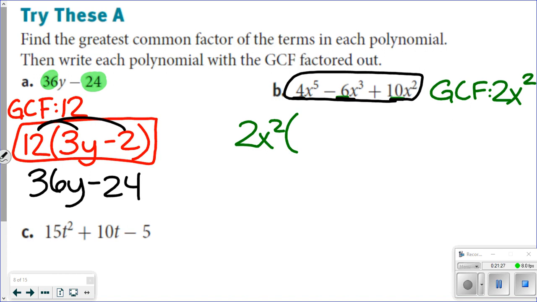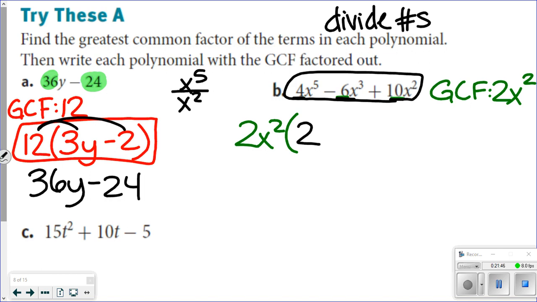So remember, we're going to divide our numbers, not our exponents. So 4 divided by 2 is 2. And then when we're dividing my exponents, it's basically a subtraction problem.